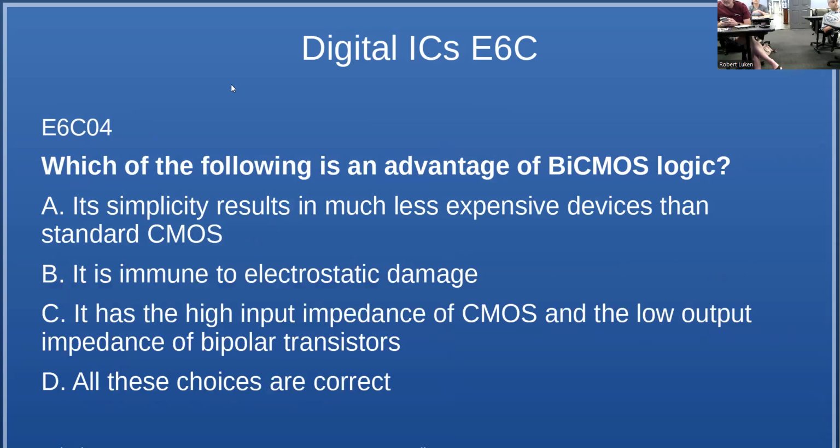Which of the following is an advantage of BiCMOS logic? So remember, that's the hybrid, which is a CMOS front end and a bipolar back end.